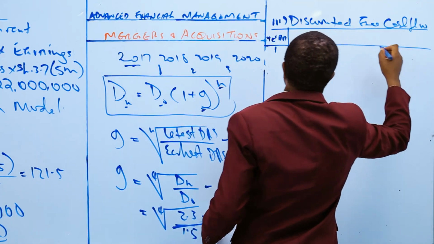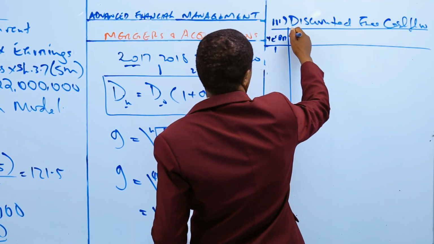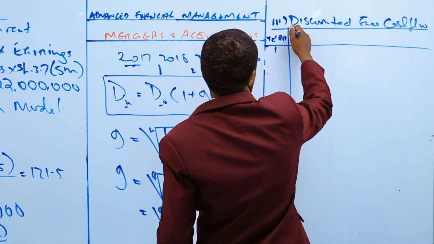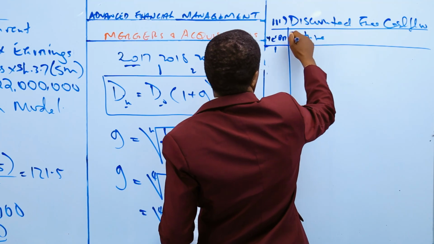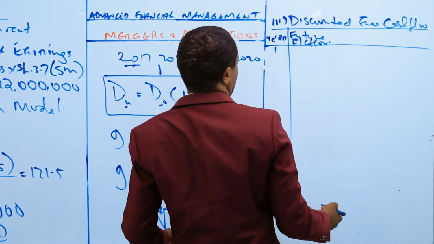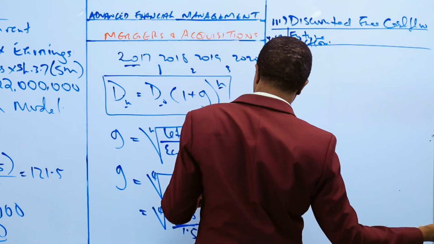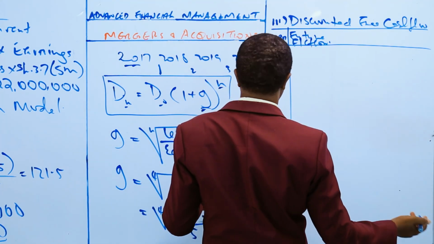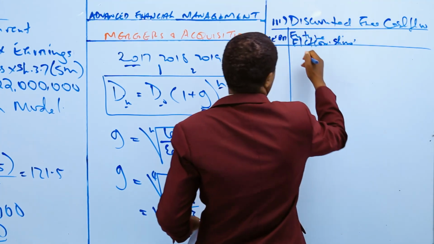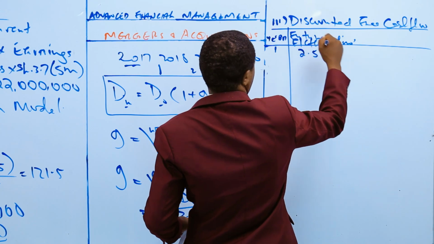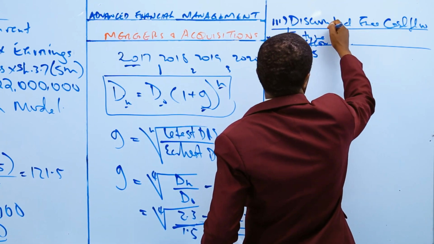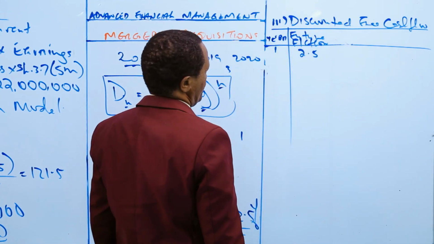The next column is the future free cash flows. For example, at the end of year 1, we read it will be 2.5 million. So this will be in millions. Year 1 is 2.5 million.